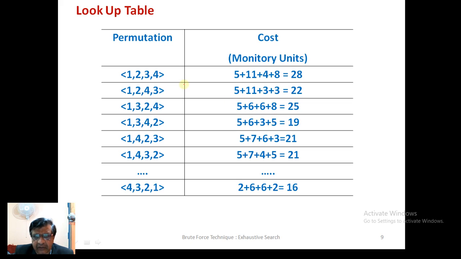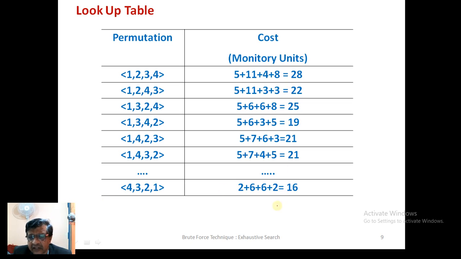Like that, for want of time, in order not to make this voluminous, certain permutations are skipped. It is shown here in dotted lines. If we do it completely, it will involve 24 such rows, because 4 factorial is 24.